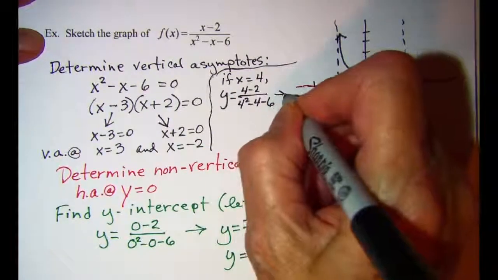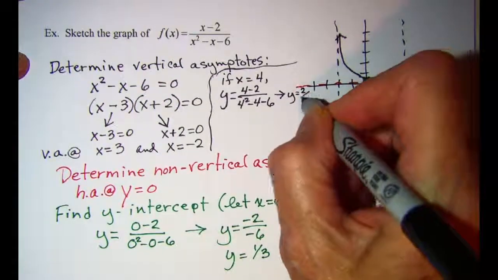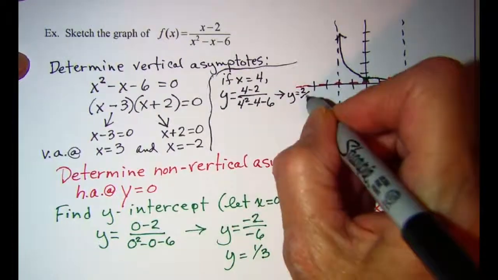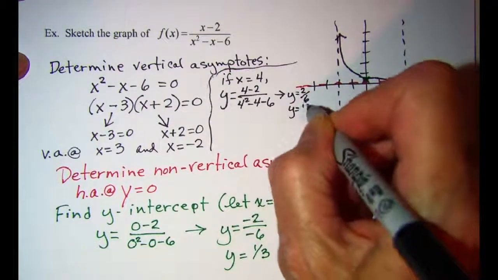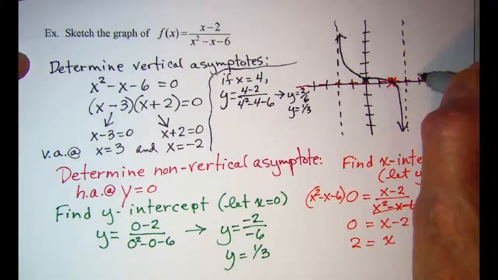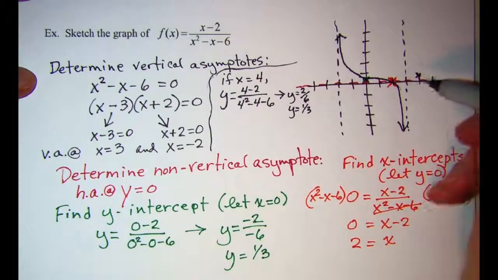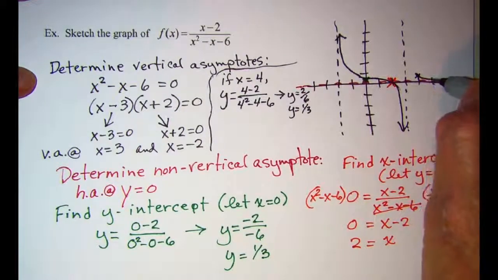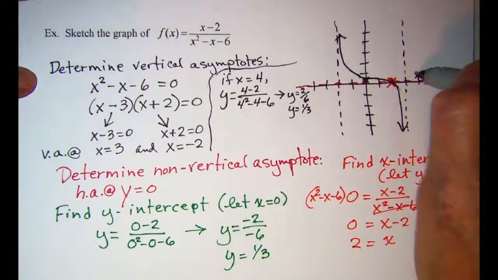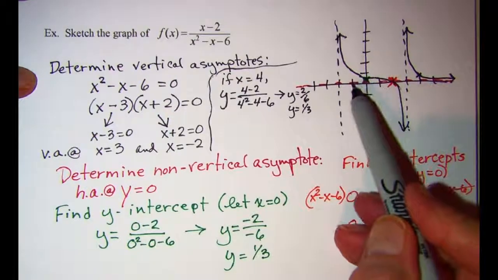So y is equal to 2 over 6, or y equals 1/3. So y equals 1/3 when x equals 4 means I'm going to be up here. I can't cross the axis anymore, only at this one point. So I'm going to have to hug my asymptote above the horizontal asymptote this way, and then go up and hug this one here.